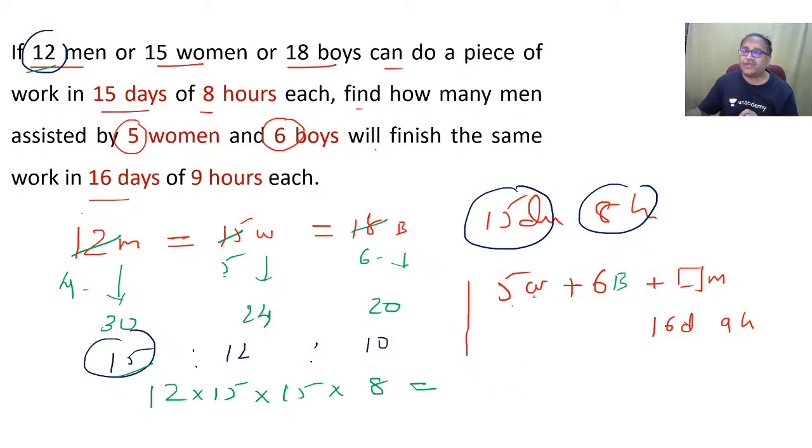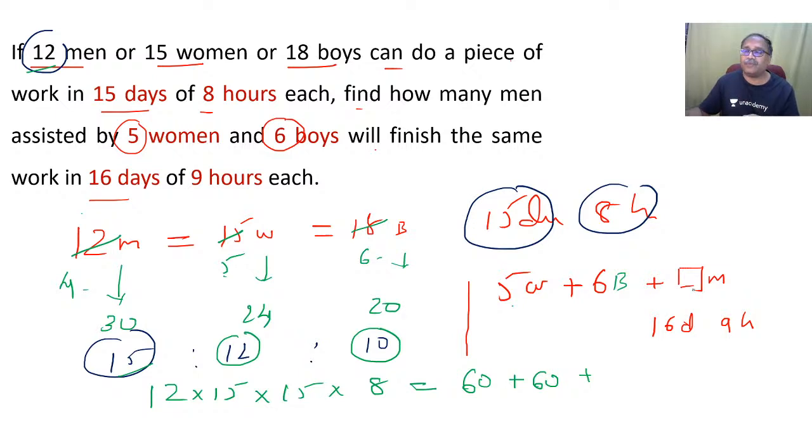Yes. 1 woman's efficiency is 12, then 5 women's efficiency will be 60, plus 1 boy's efficiency is 10, then 6 boys' efficiency will be 60, plus the number of men.